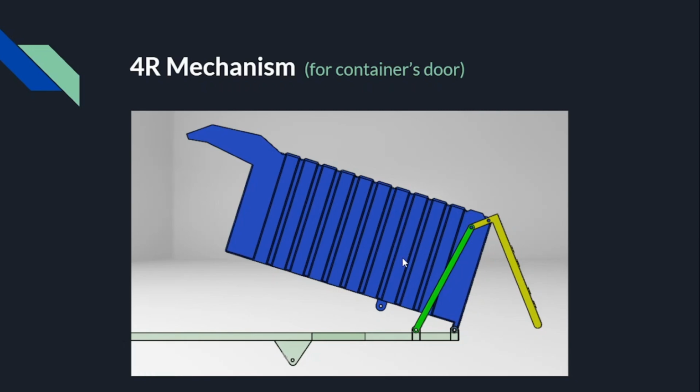This is the bin, which acts as the fourth link, and this is the link connecting the ground and the door. This model is primarily run by the 4R mechanism that you see here. This 4R mechanism only leads to the opening and closing of the door. Now let us look at the synthesis of this 4R mechanism.